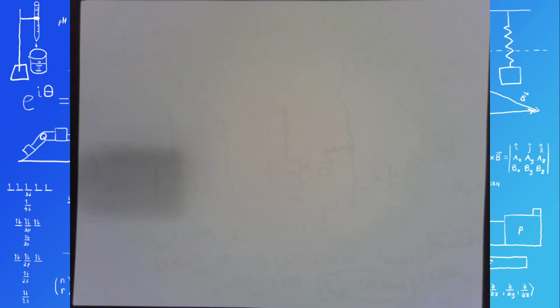Anyway, the problem says we've got a 10-gram object moving to the right at 20 centimeters per second. It makes an elastic head-on collision with a 15-gram object moving in the opposite direction at 30 centimeters per second. Find the velocity of each object after the collision.